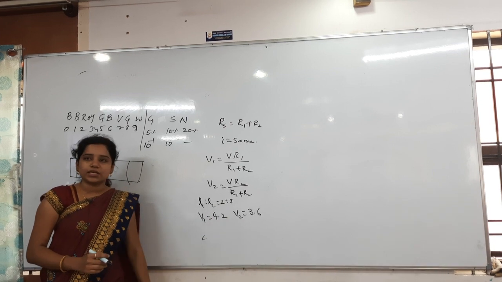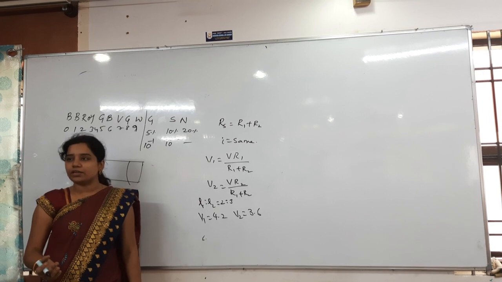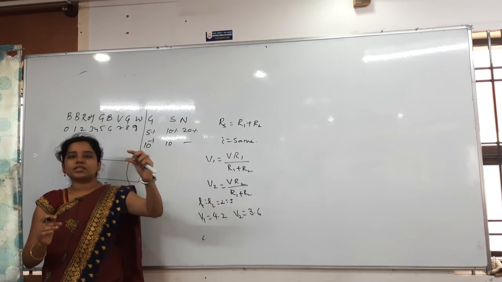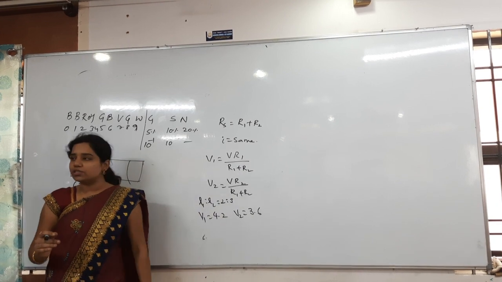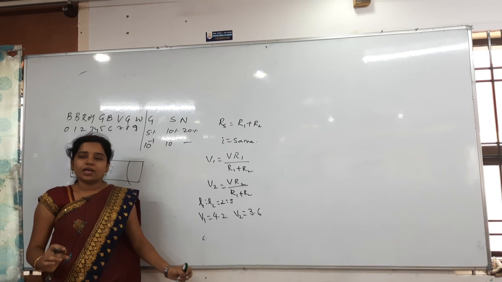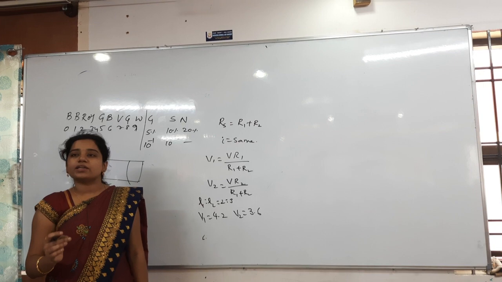Total voltage is 4.2 plus 3.6, which will be 7.8. Out of my 7.8 battery voltage, one resistor is taking 4.2 volts, another resistor is taking 3.6 volts, and they are asking for the ratio of their radii.